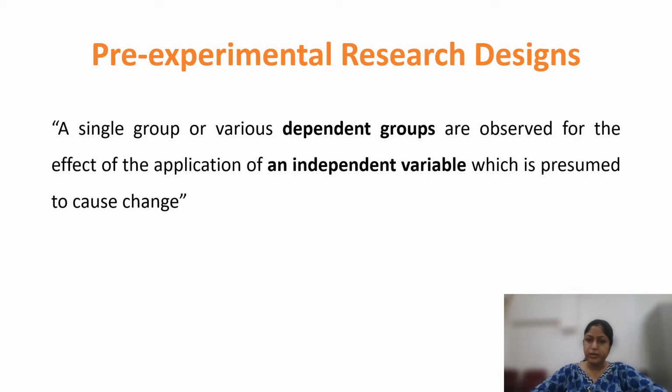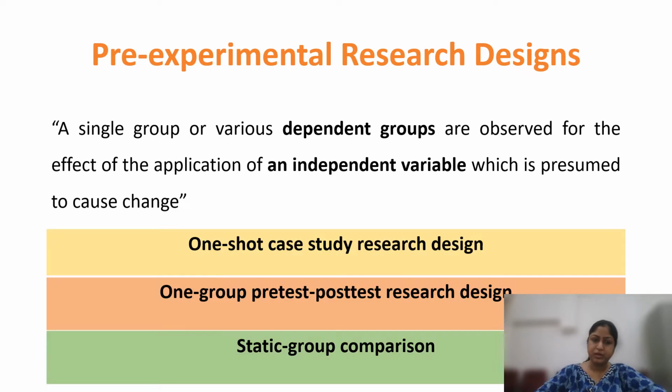Starting with the pre-experimental research designs. These are research studies in which a single group or various dependent groups are observed for the effect of the application of an independent variable, which is presumed to cause change. We have one-shot case study research design, one group pre-test post-test research design, and static group comparison under this category.